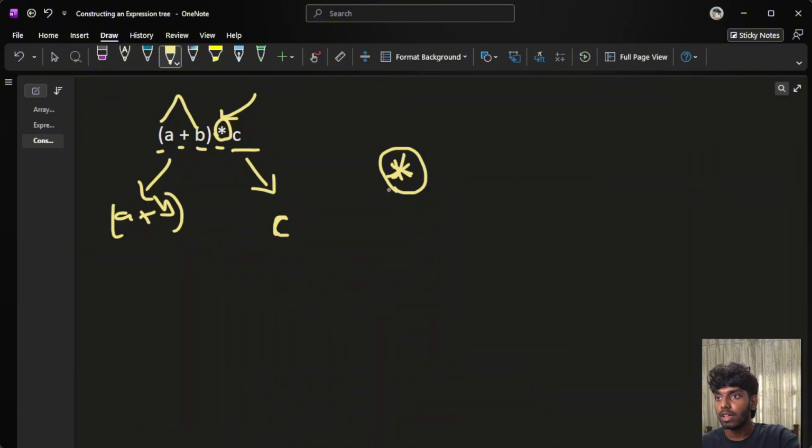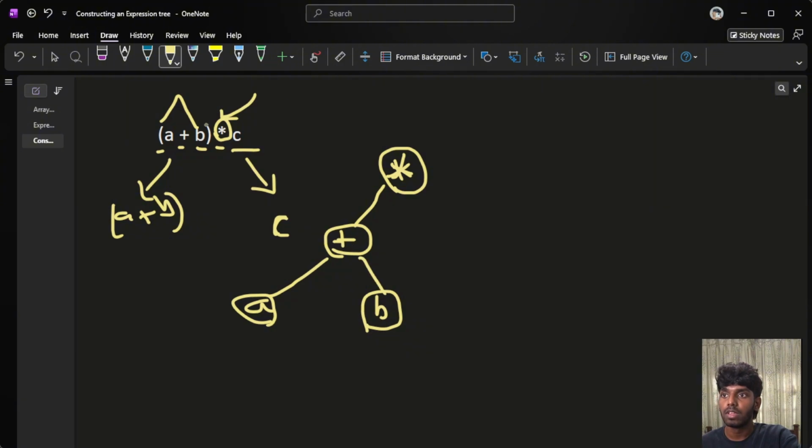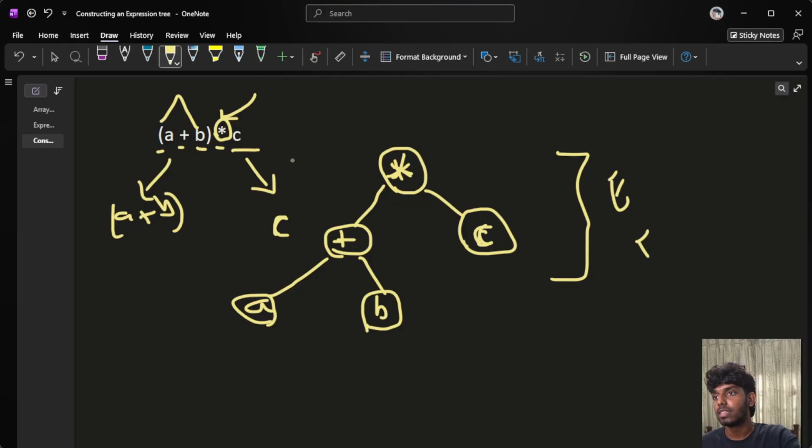We have a plus b, so the plus is stored right here, and then a and b are inserted respectively. Then we have the right sub expression, which I'm going to add to the right side. So this is the expression tree of this expression.